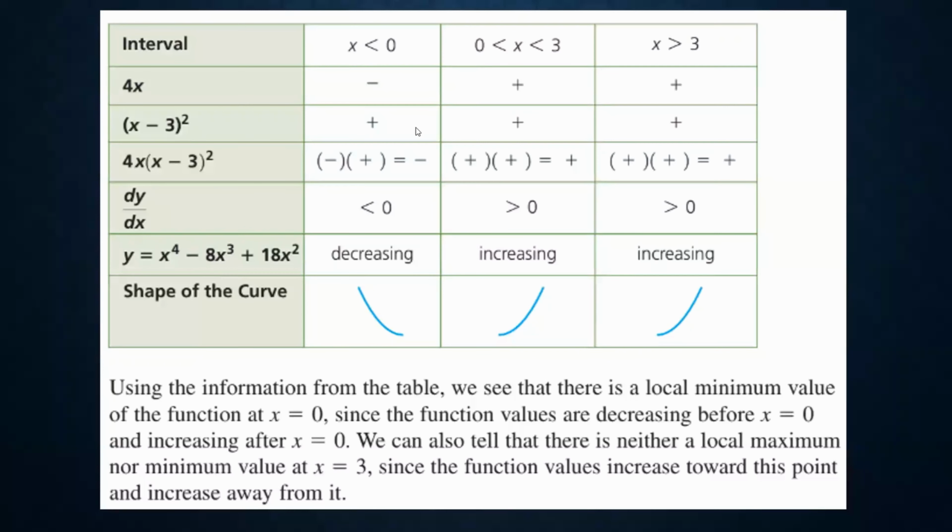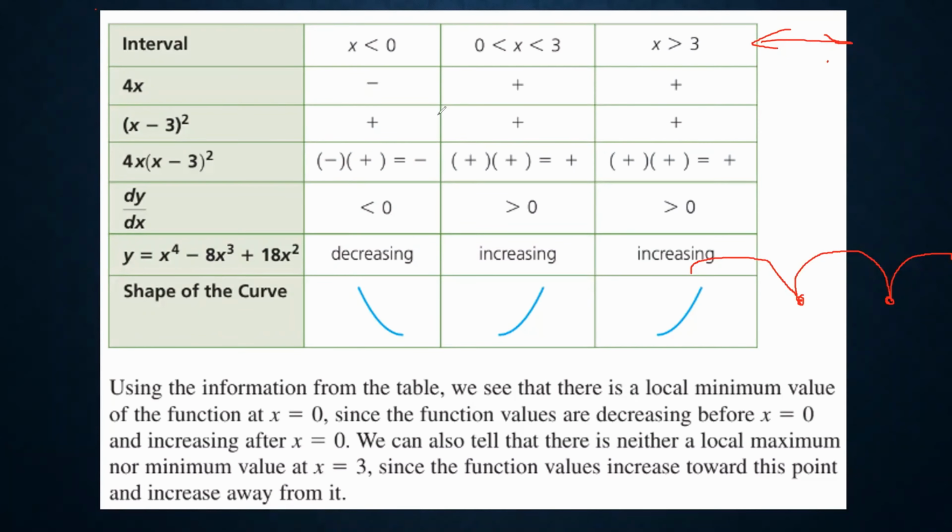Let me start again. First thing first that we are looking for: the first row is going to be intervals. Our intervals are defined by critical points. If you have 2 critical points, how many intervals are you going to have? 3, exactly.